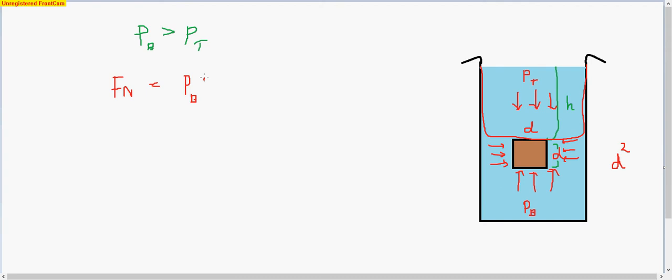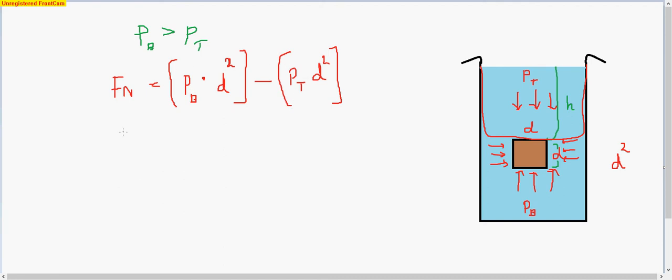Okay, PB into d squared. Now that is the area. Pressure into area is the force. PB d square minus PT d square. Now that's the net force, right? That is the net force.